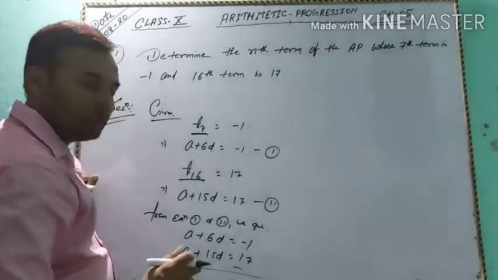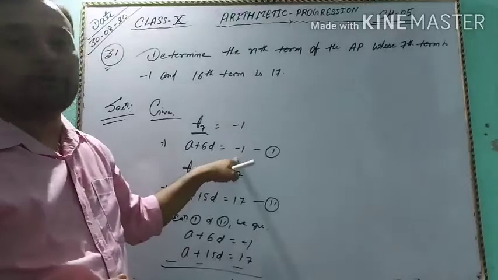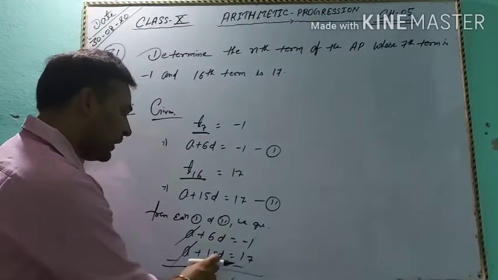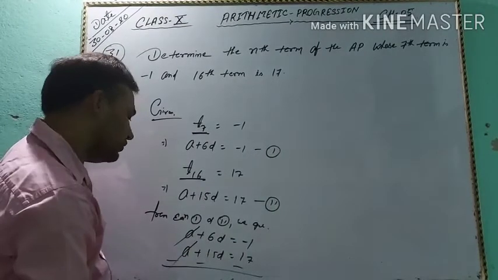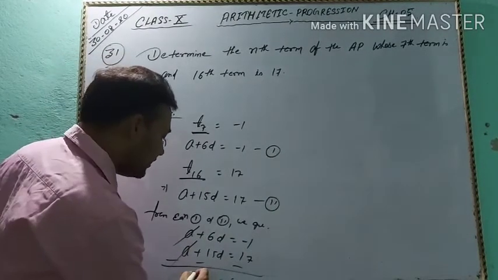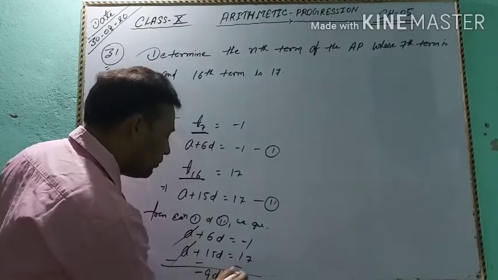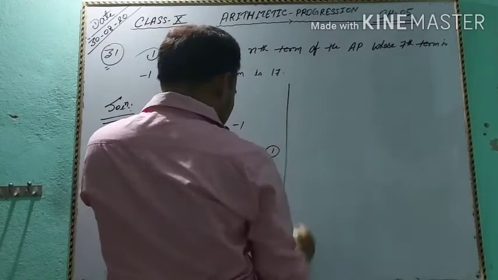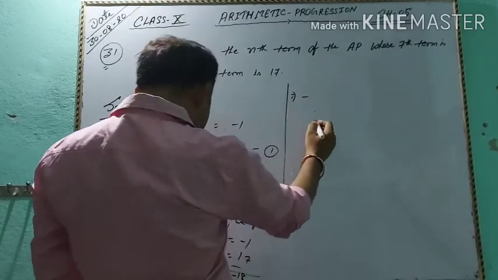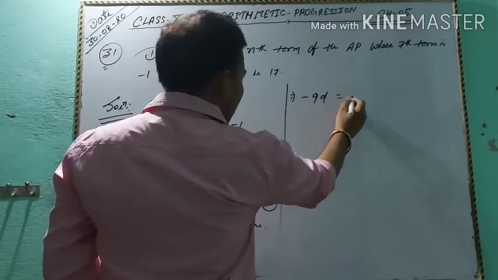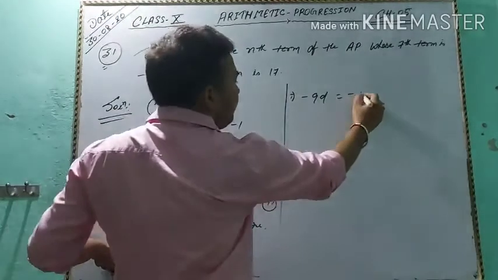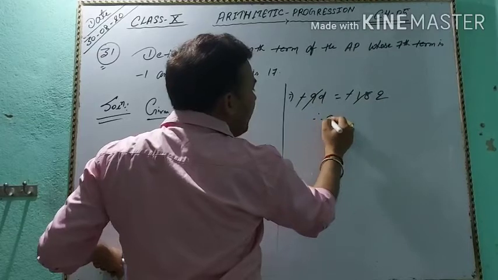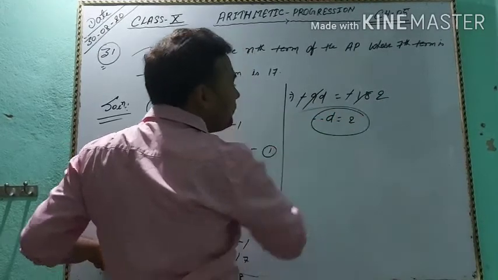On subtracting equation 2 from equation 1, change sign. a minus a cancel, minus 15d and plus 6d, that is minus 9d equal to minus 17 and minus 1, that is minus 18. For students, here minus 9d equal to minus 18. Minus minus cancel, 9 2 ja 18. So d equal to 2.